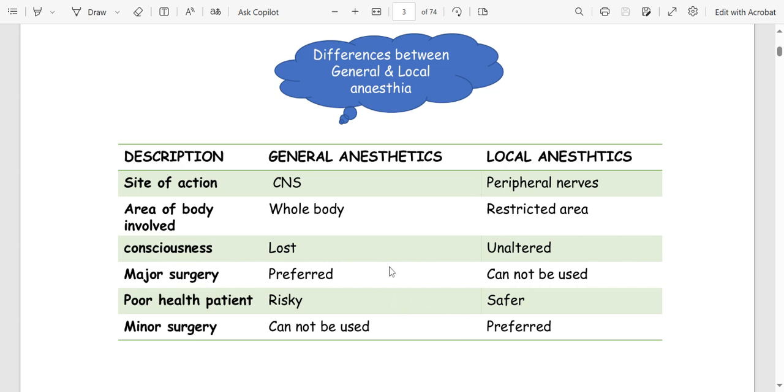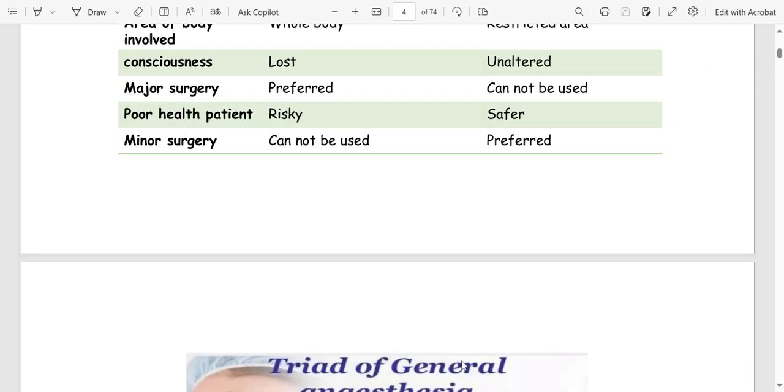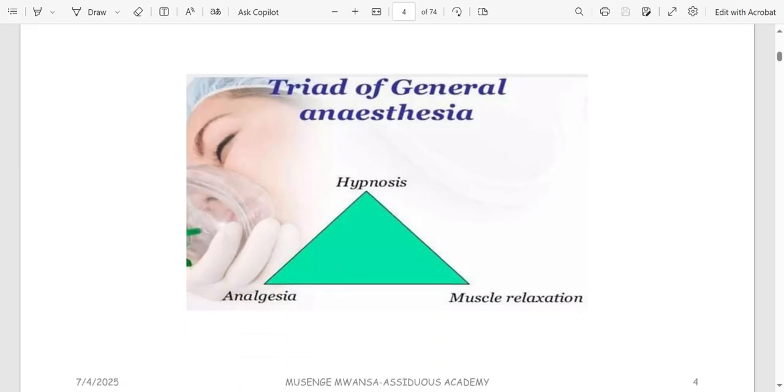But for general, because you are numbing the entire body, something bad can end up happening, because you're also stopping the respiratory muscles. So someone can't even breathe by themselves. You have to assist them in breathing. So there can be some poor health outcomes. For minor surgeries, you prefer using local anesthesia rather than general anesthesia.